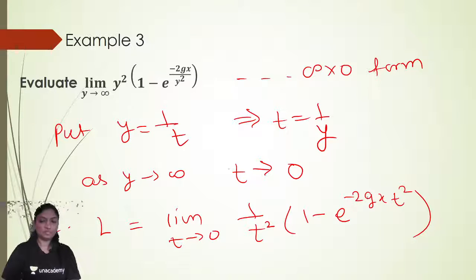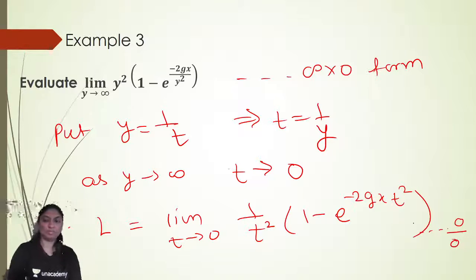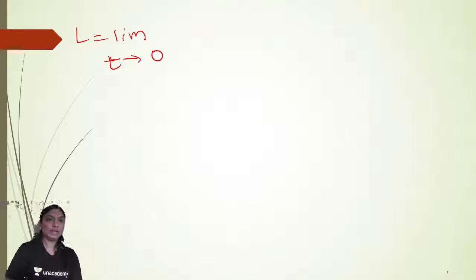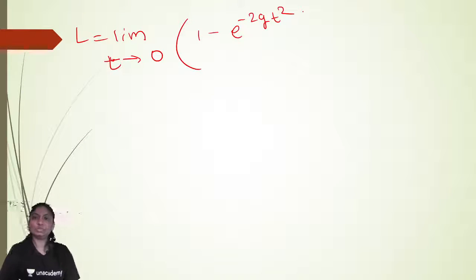E raised to 0 is 1, so 1 minus 1 will become 0 upon 0 form, right? Now you will get L is equal to the limit as t tends to 0 of 1 minus e raised to minus 2gx t square, upon t square.